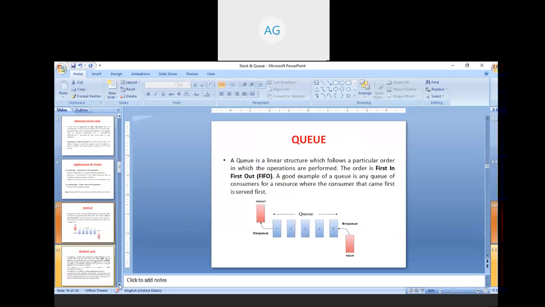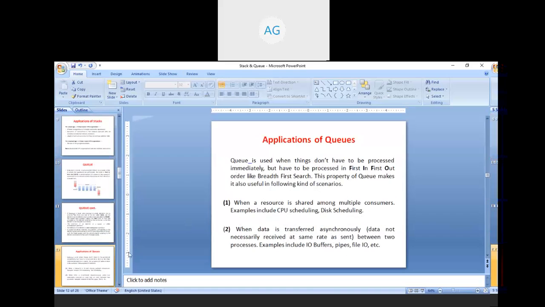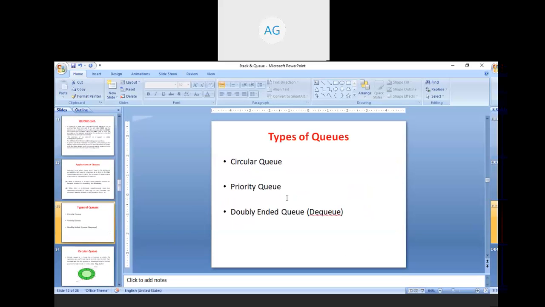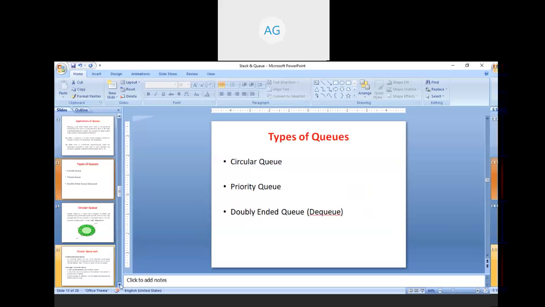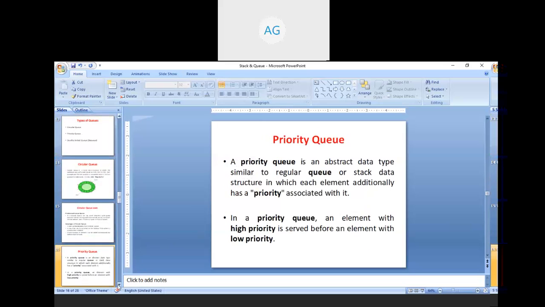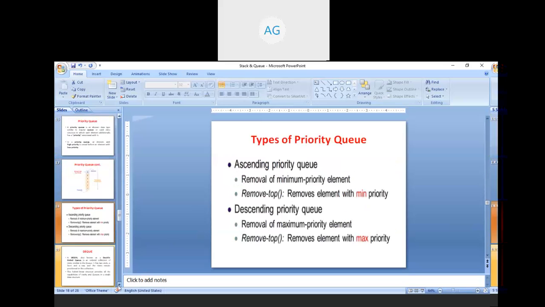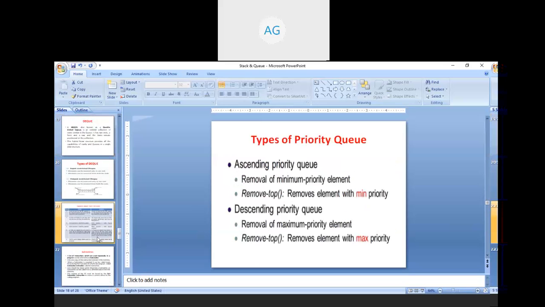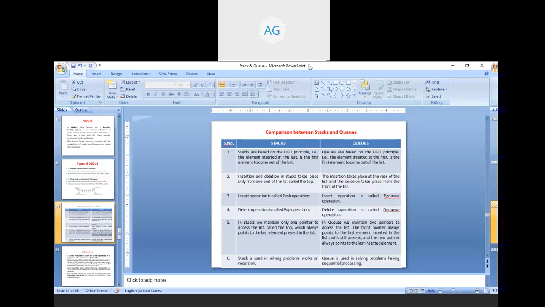Then queues, the different types of queues, the applications of queues. Its different types like circular queue, priority queue, doubly ended queue, and lastly we already discussed the difference between stacks and queues.